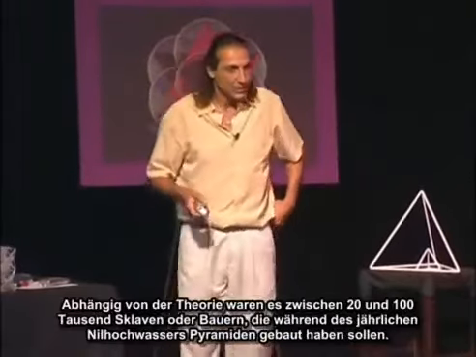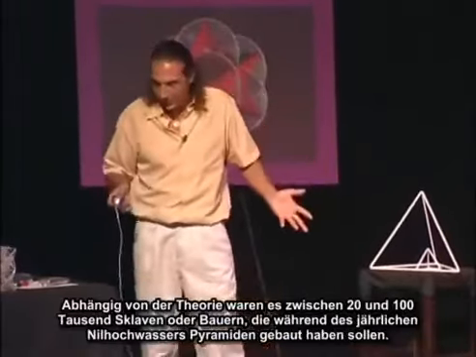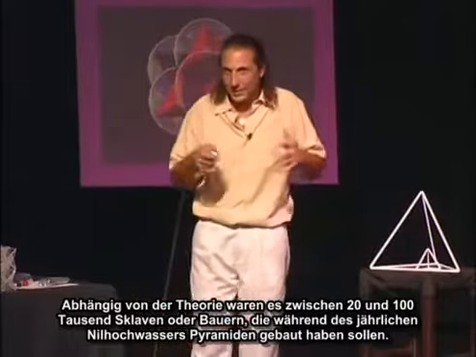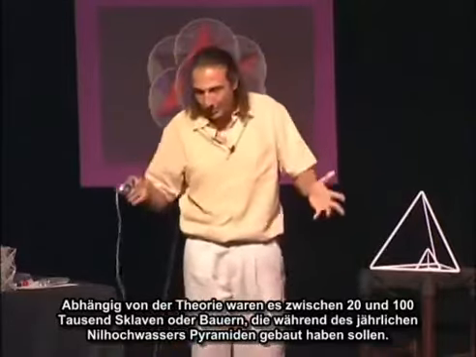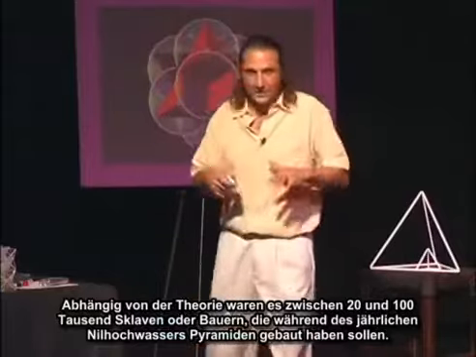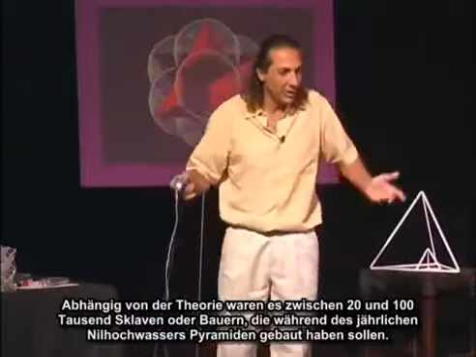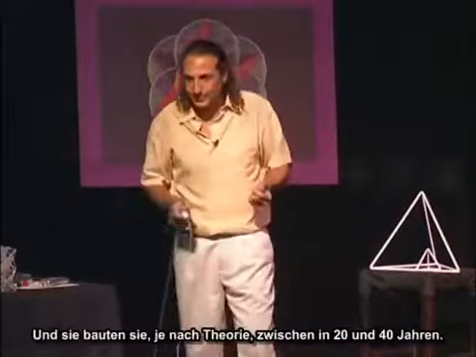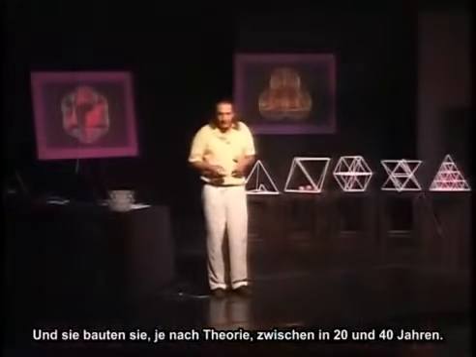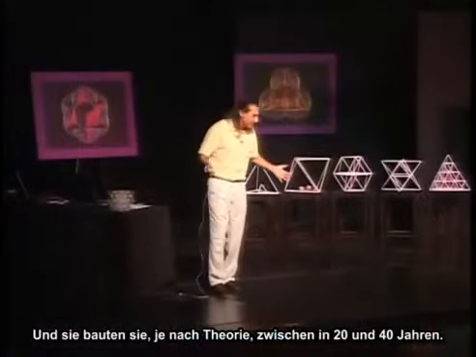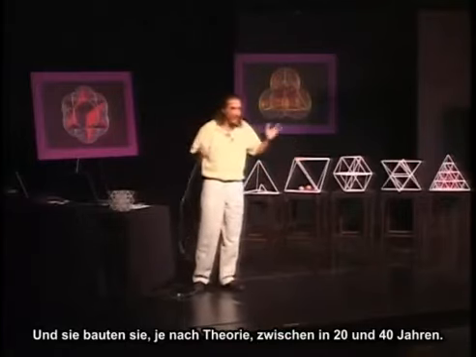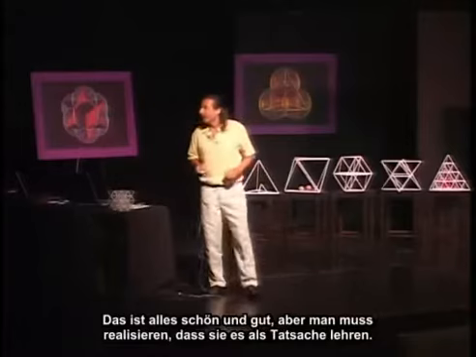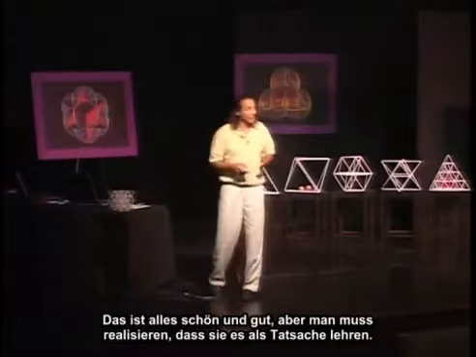That is, depending on the theory, 20,000 to 100,000 slaves or farmers that during the Nile flooding every year would go and build pyramids. And they built them, depending on the theories, in between 20 and 40 years. And all that's nice and dandy.